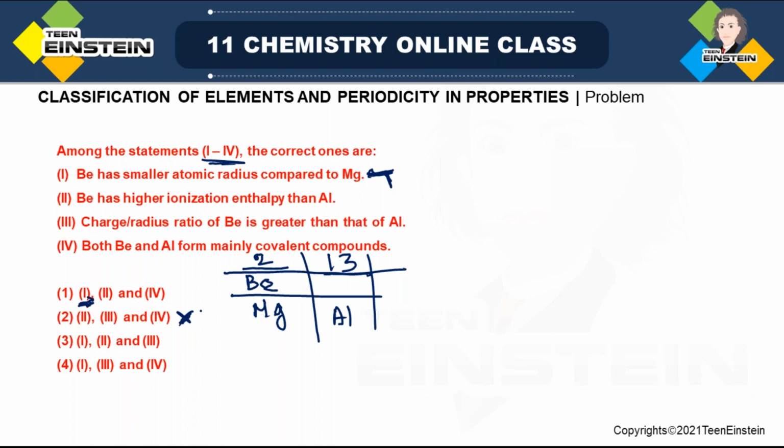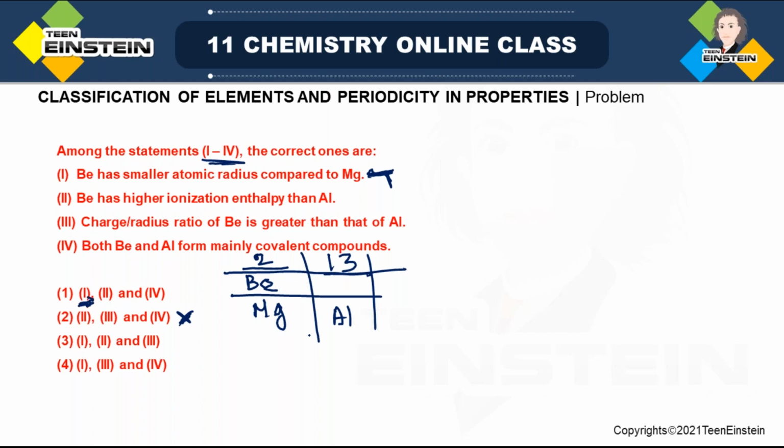Now Be has higher ionization enthalpy than aluminium. So when we are moving from beryllium to the next element, it is boron.